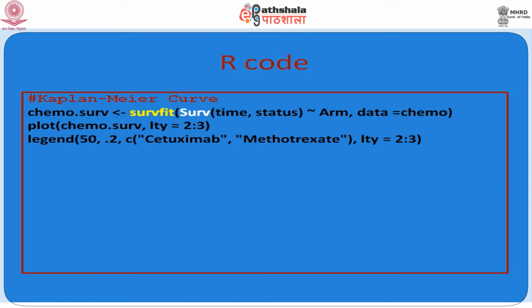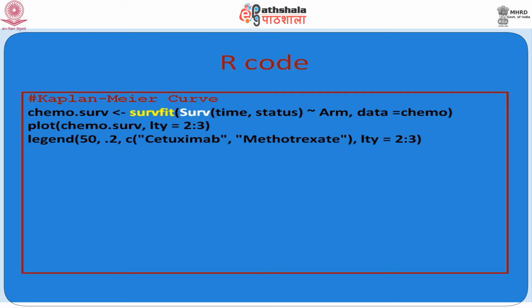Now, to represent the cetuximab and methotrexate arms in the graph, we can use the function called legend. The x-axis position of the legend is denoted first, and the y-axis position is denoted later.